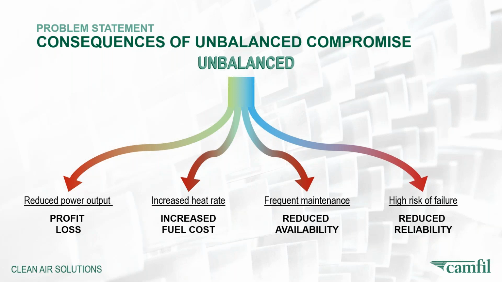This could be either power output or also production output if you are on an offshore platform producing gas or an LNG plant. And on the other side, if you do not have the right filtration solution to protect your gas turbine in an adequate way, the efficiency of your engine will drop, meaning that you're going to increase the heat rate of your engine to produce a certain amount of output, which means you will increase your fuel cost.